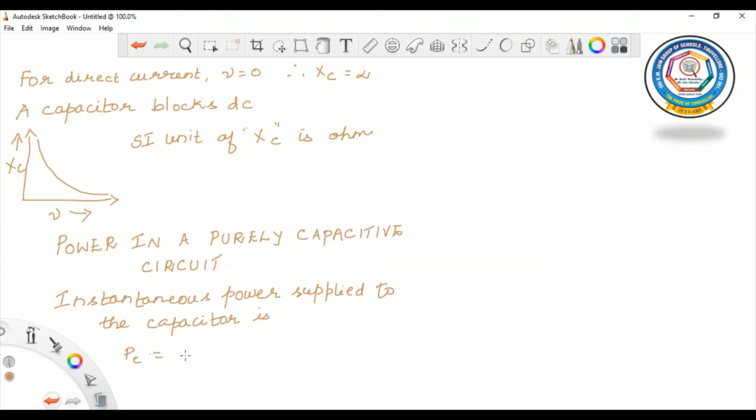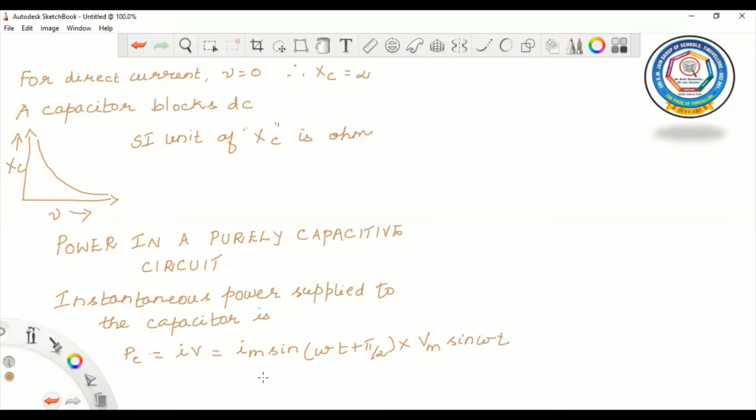Okay, so hope all of you remember that P is I into V. Hope you can write what is I. I is Im sine omega t plus pi by 2 because current is leading. And what about V? V is Vm sine omega t.